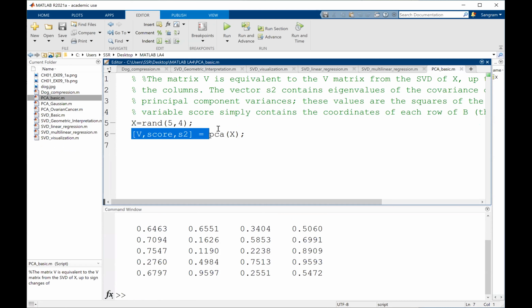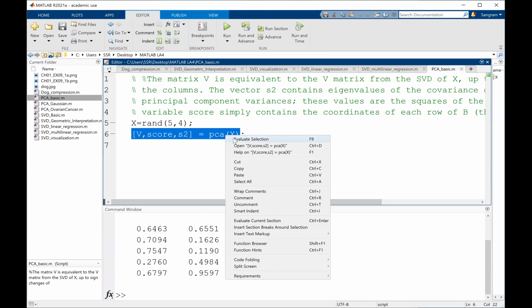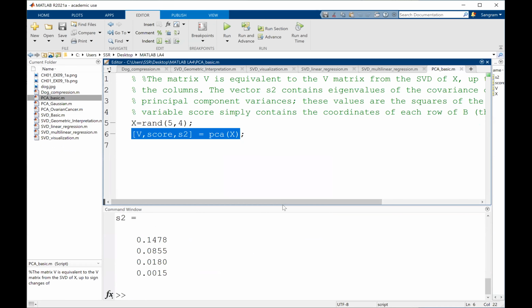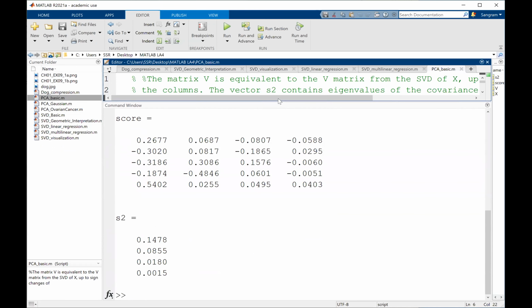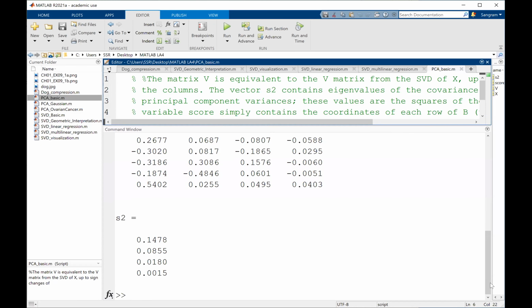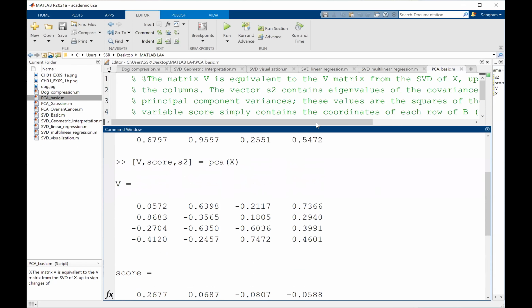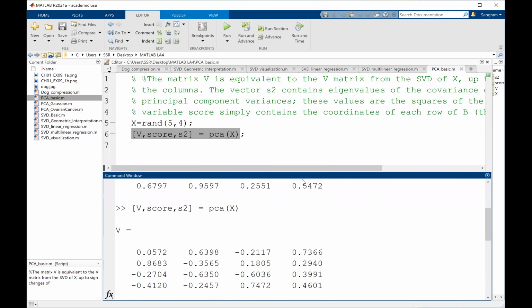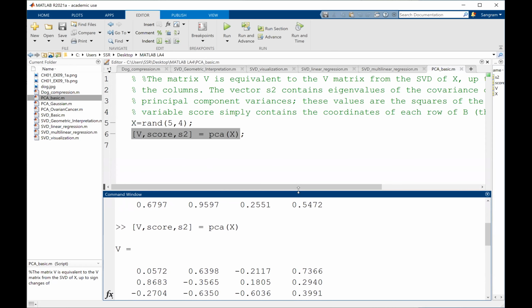And the principal components of this data are similar to the SVD decomposition of the matrix. The only difference is when you perform PCA, you remove the mean, and then some normalization takes place. But you can relate PCA to SVD very clearly.